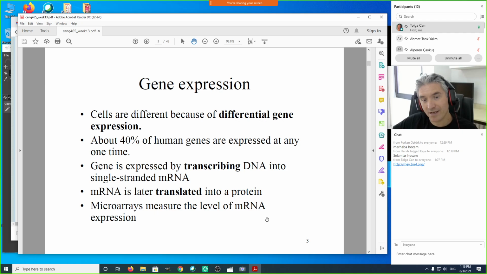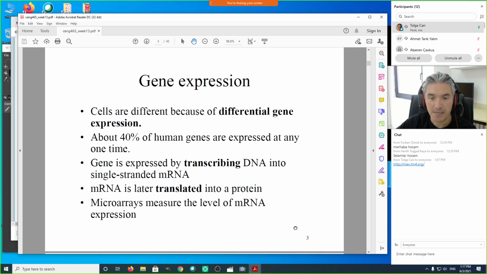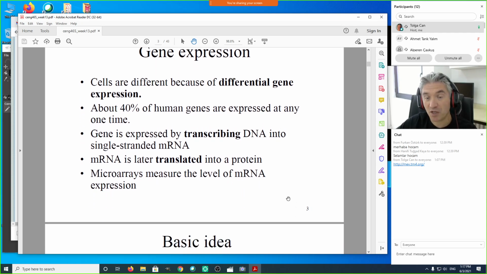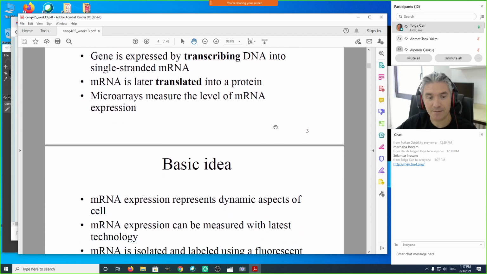So by analyzing the levels of messenger RNAs in the cell and the changes in those levels, we may make some conclusions about what's going on in the cell: which biological processes are active, and what is going on that is not supposed to go on in a cell. So we can identify the differences between normal and disease states.